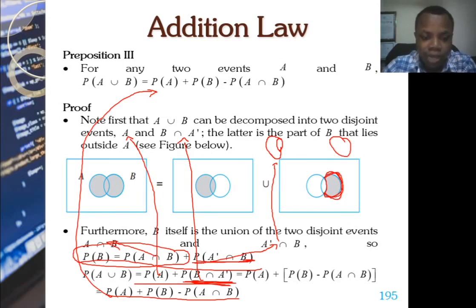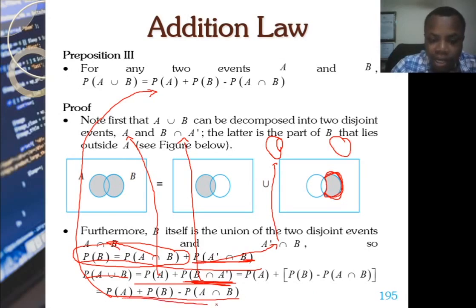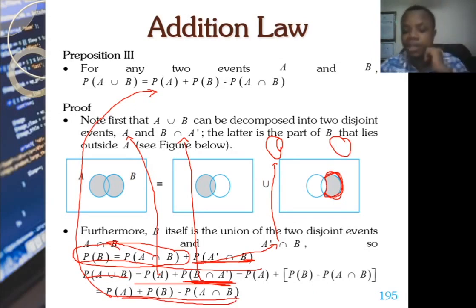Once we come back to our A union B and split it into this side, all that we do is make A prime intersection B the subject here, which will yield this. When we substitute into this, we get this addition law right in here. So this is the addition law of probability.